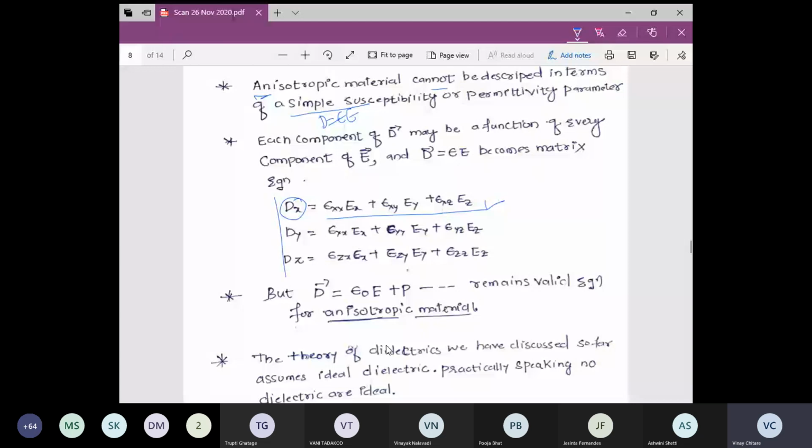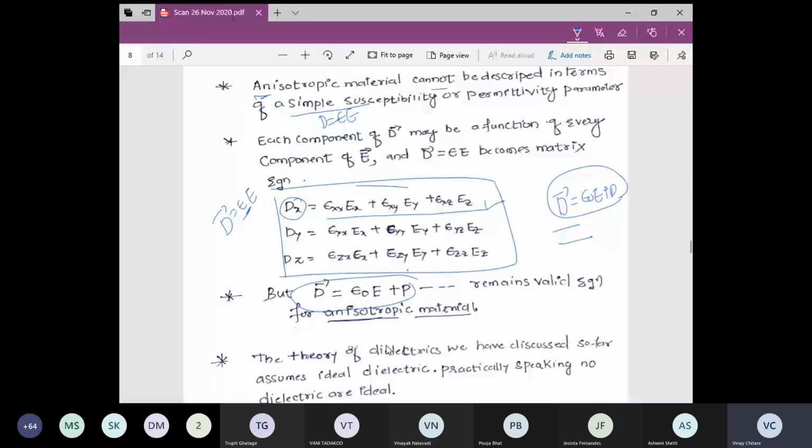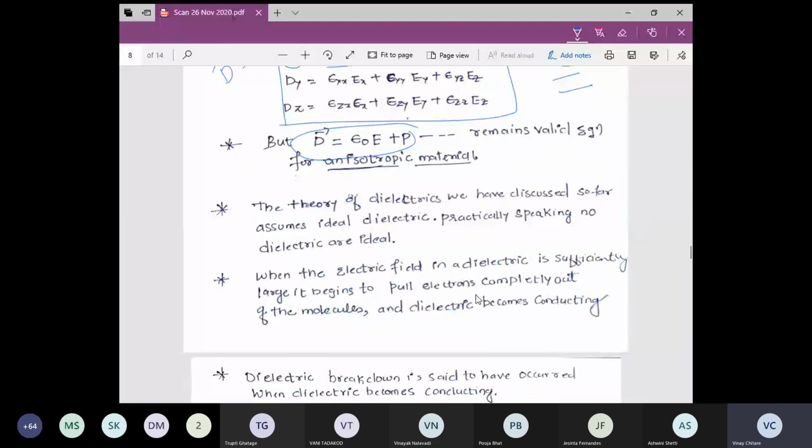But the relationship D equals epsilon naught E plus P holds true for isotropic or non-isotropic materials. The only difference for non-isotropic is that we cannot write straightforward epsilon times E; it is related through a matrix or a set of equations. Anyway, we are not going to study non-isotropic material.